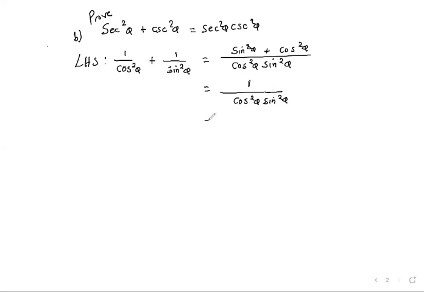Okay. That one is sitting like 1 over 1 times 1. So you can also break it. You say 1 over cos squared and 1 over sine squared. But you know that 1 over cos squared is sec squared. 1 over sine squared is cosec squared.